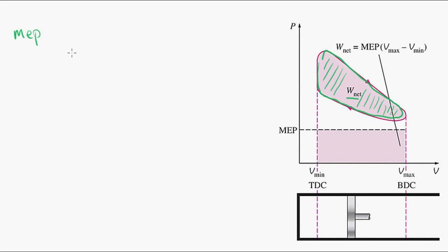As a performance indicator of the engine, one thing we define is the MEP, or the mean effective pressure of the engine.